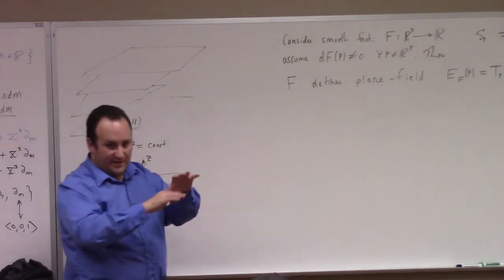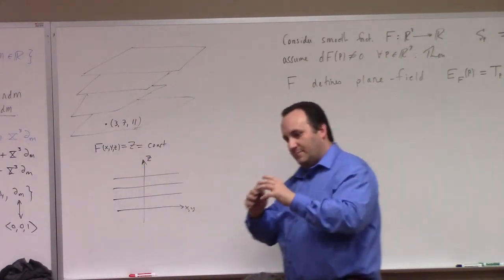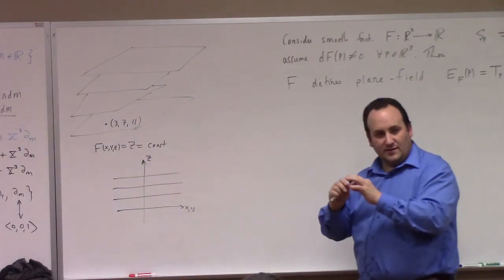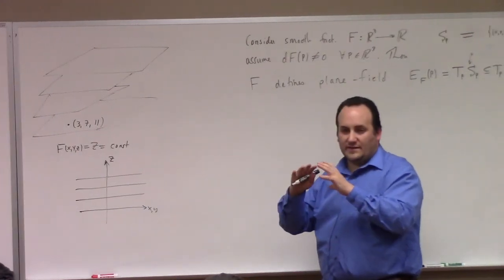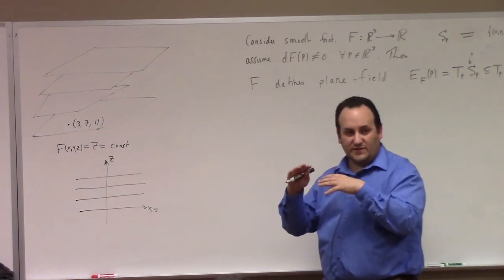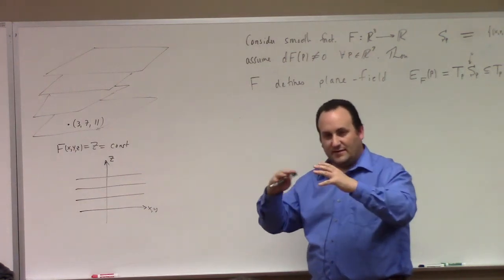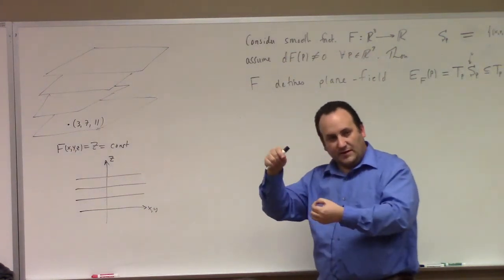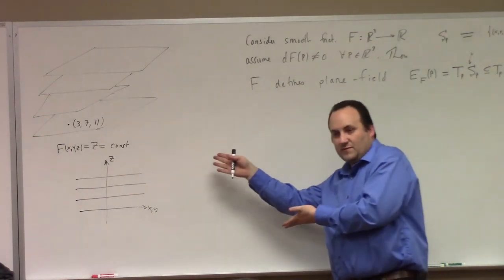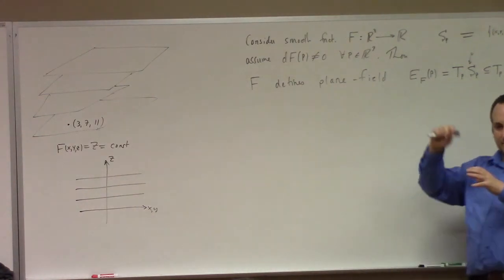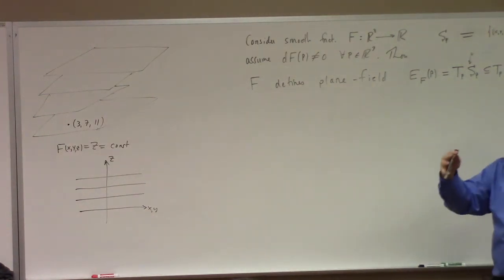You can do this for more exciting things like an onion, right? Like a bunch of spheres. You pick any point, it has a distance from the center, right? So if you look at the function x squared plus y squared plus z squared, you can choose a value such that that being equal to a constant hits that point, which is a particular distance. We can do this for spheres too, right? Pick any point in R3, it's on some sphere centered at the origin.